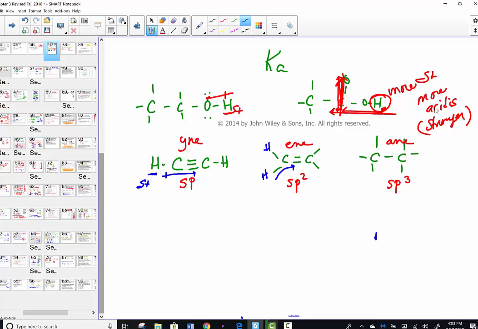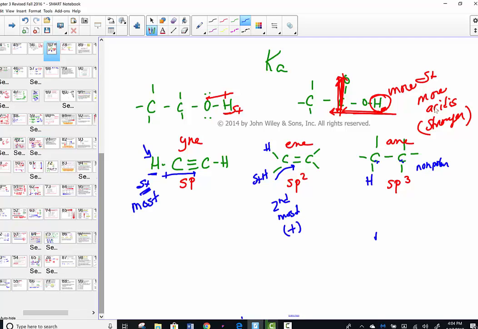And by the time I get to all single bonds, the electron distribution between the two carbons is pretty even, to where this is a non-polar molecule, and the hydrogen as a target would not be very acidic. It's not as positive. So in a triple bond, this hydrogen is most positive. The hydrogen in a double bond is second most positive.